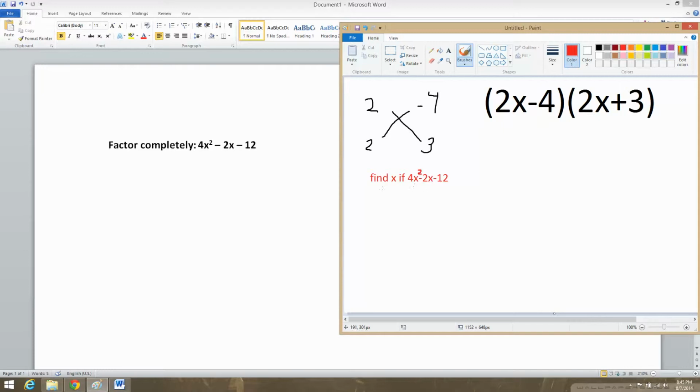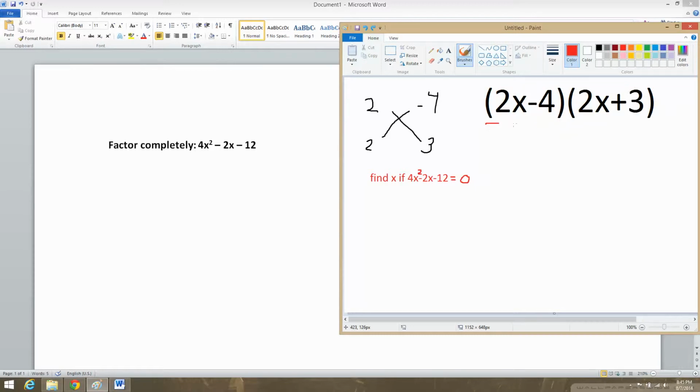So I have personally never come across factor completely for this. Usually you're going to find x if 4x squared minus 2x minus 12 is 0. So if it says find x if this equals 0, you're going to continue from here, and you're going to want to find what turns each of these into 0.